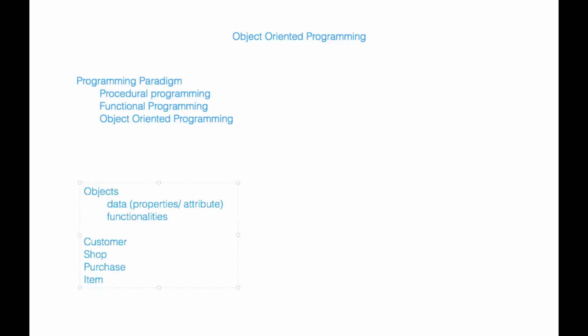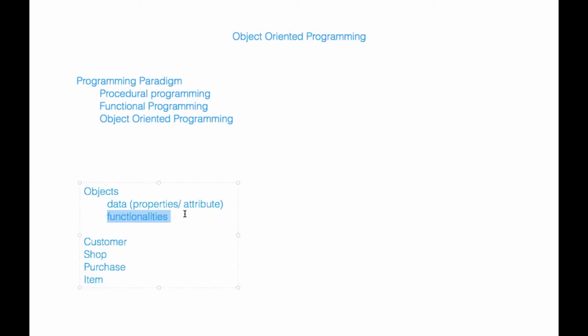Objects have data and functionality. For example, a customer has data, something like the ID of a customer, name of a customer, phone number of a customer, address of a customer. And what a customer can do, that is the functionality. What can a normal customer do in a shop?